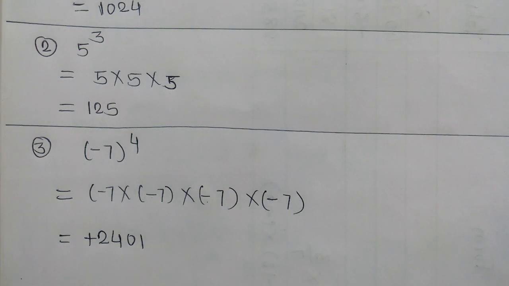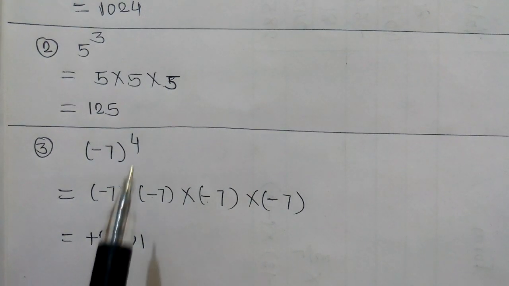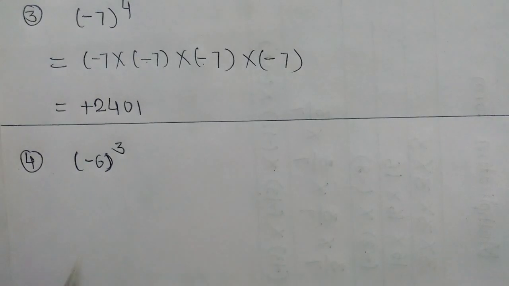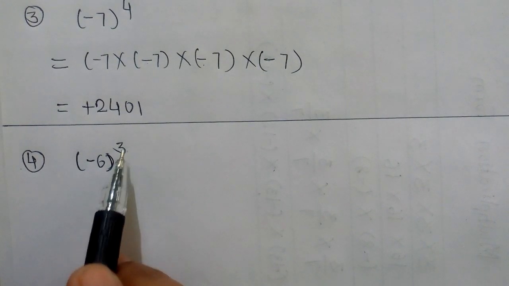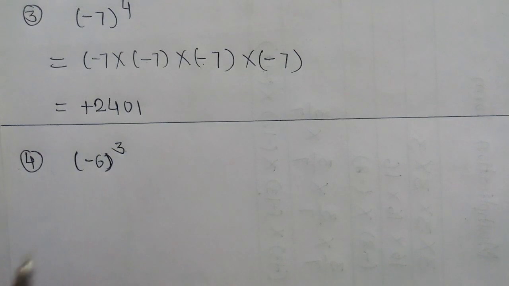Otherwise, about sign, how you will remember: if this index is an even number then you can give a plus sign, and if the index is an odd number then you can give a minus sign. Okay. Same way here in the fourth example also, negative 6 into negative 6 into negative 6, 3 times you will multiply and write the multiplication, but the answer will have a minus sign.